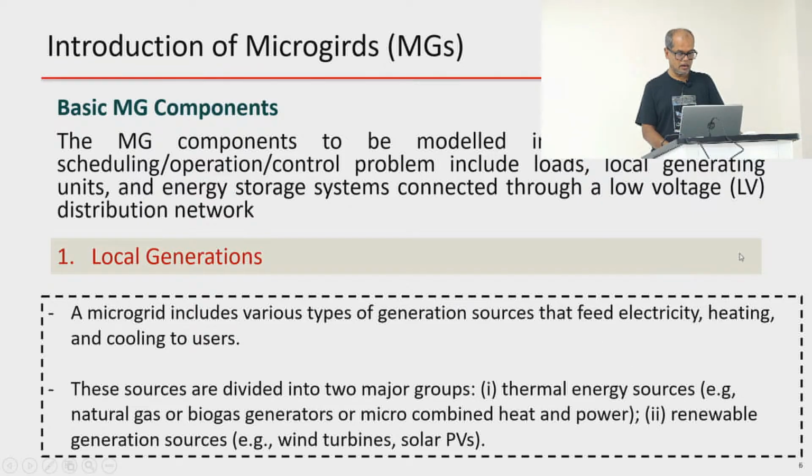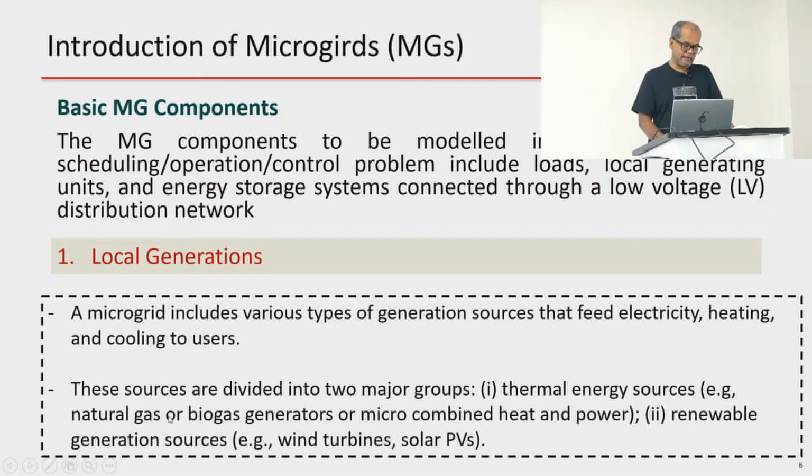So definitely it has generators, and I already mentioned that mostly it has renewables, but in many cases you will also see thermal energy sources like biogas or natural gas, micro turbines combined with heat and power, that you can also see in the microgrid as well.